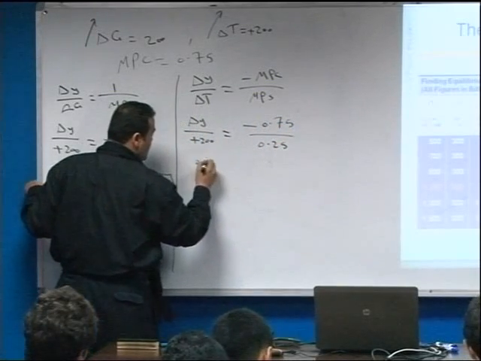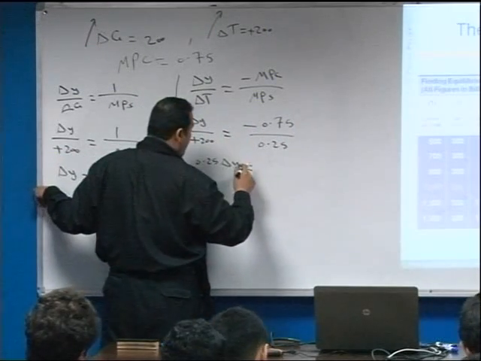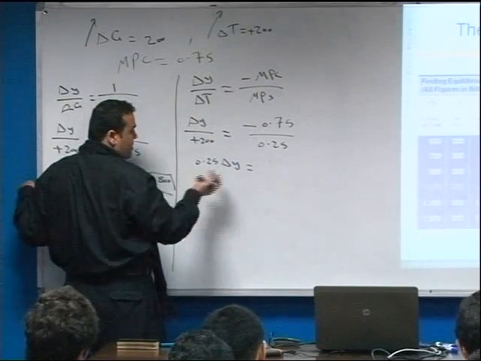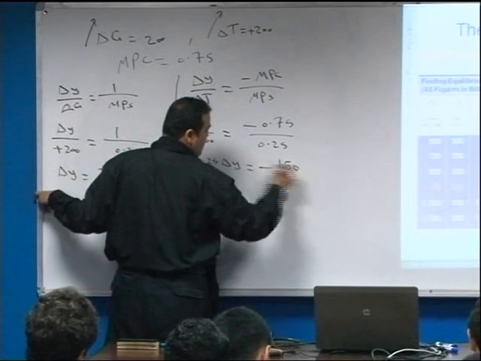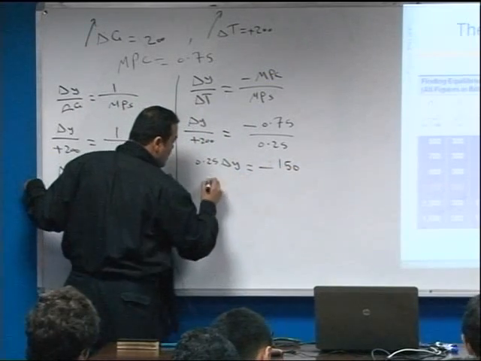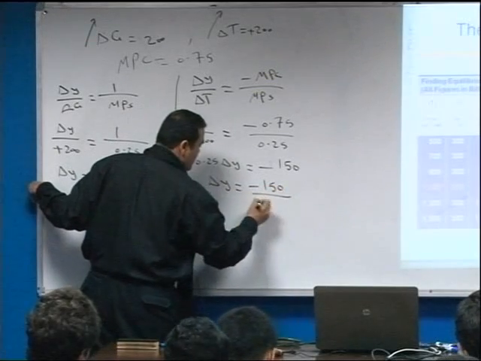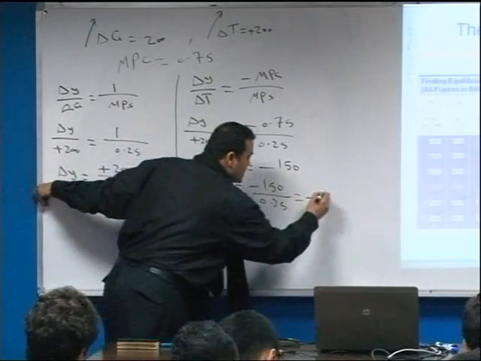So 0.25 delta Y equals positive 200 times minus 0.75, which is minus 150. So delta Y equals minus 150 over 0.25. How much? 150 times 4, minus 600.